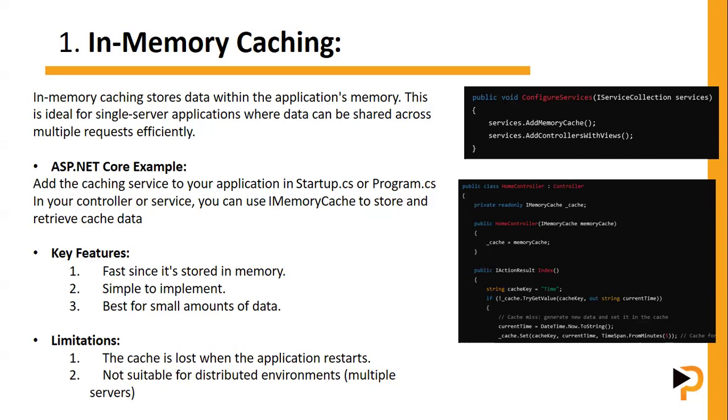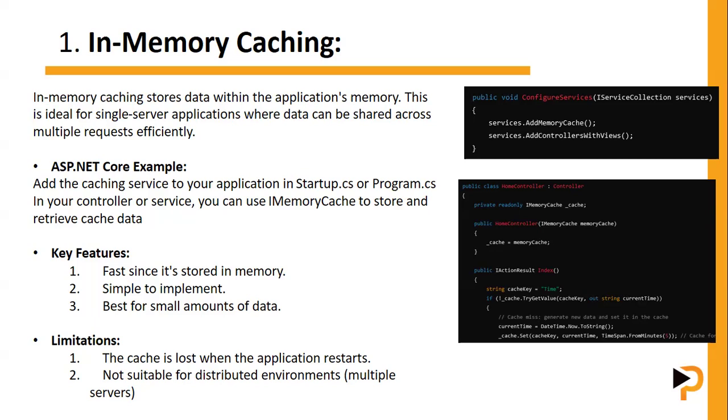In your controller or a service, you can use IMemoryCache to store and retrieve the cache data. So there is a configuration service where we are adding AddMemoryCache, and inside the controller we are accessing the caching methods by using IMemoryCache.